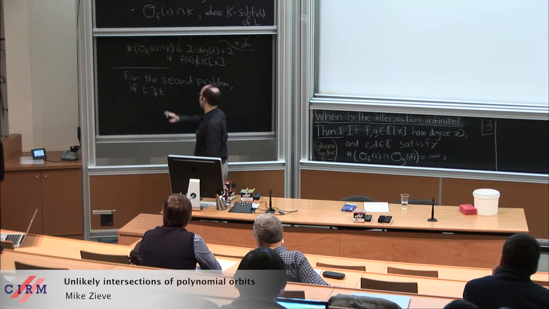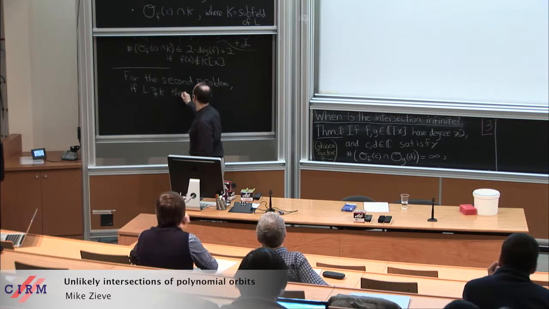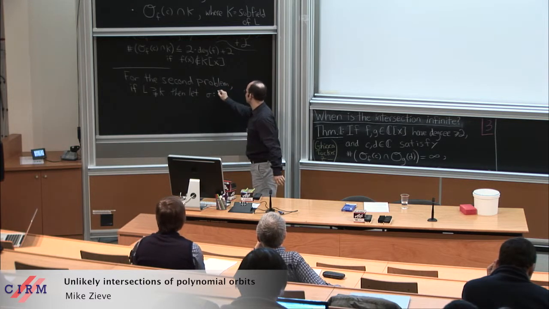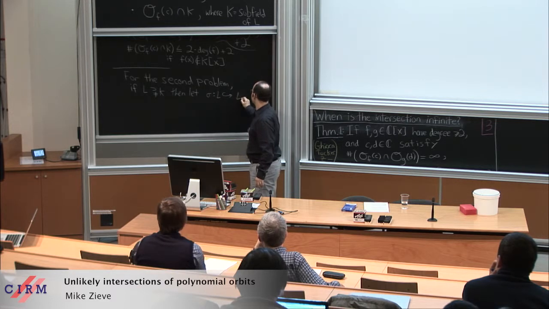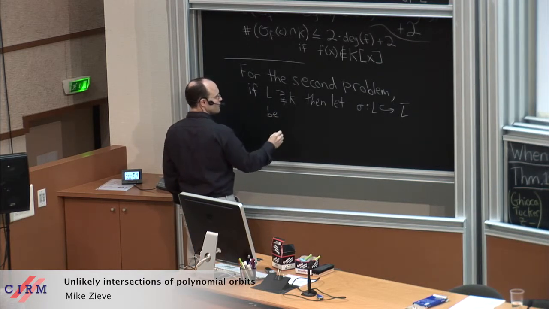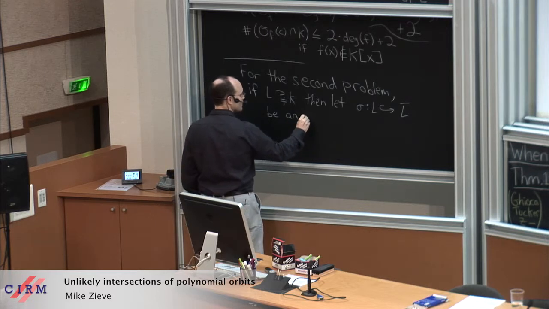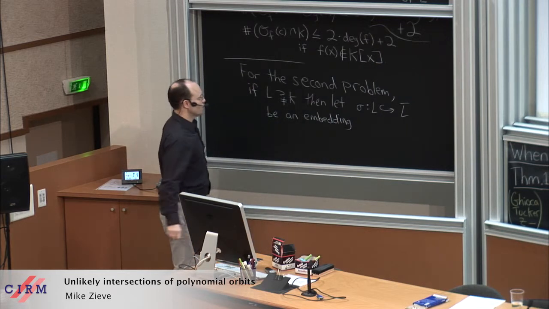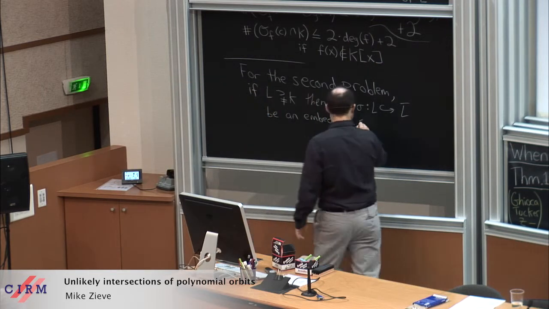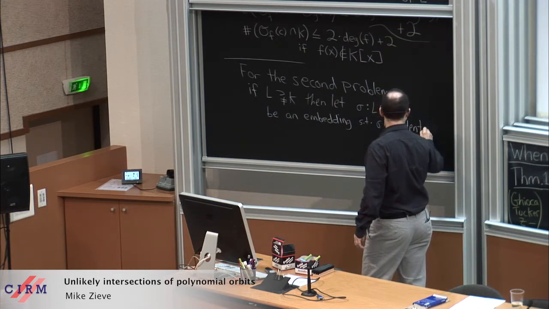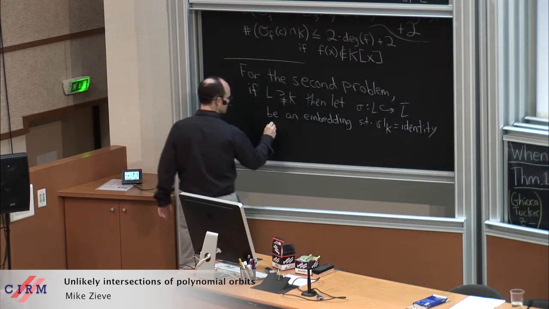For the second problem, if L doesn't equal K, then just pick an embedding of L into its algebraic closure, so some homomorphism which fixes K but does not fix L.